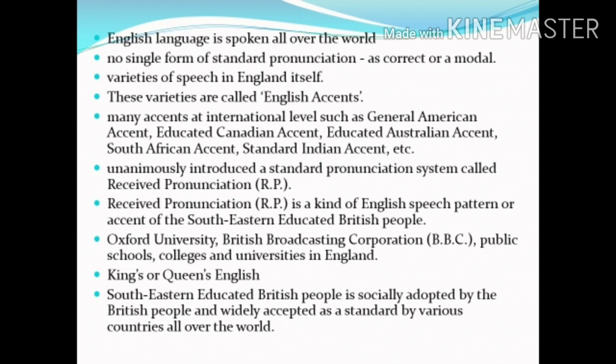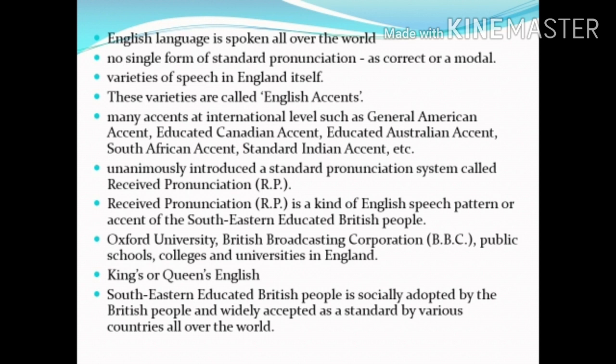In fact, in England itself, there are varieties of speech, and these varieties are called English accents. There are many accents at the international level also. For example, General American accent, Educated Canadian accent, Educated Australian accent, South African accent, Standard Indian accent, etc.